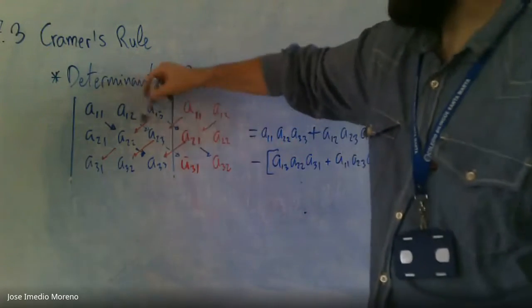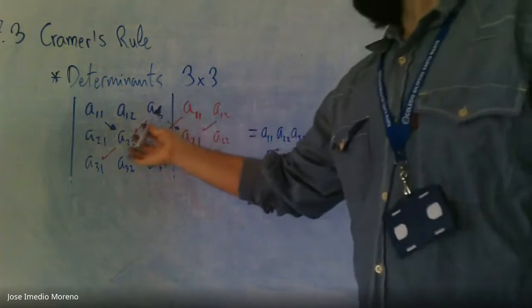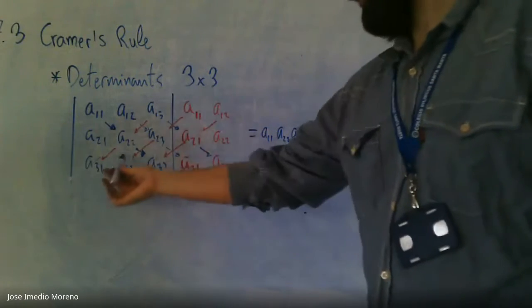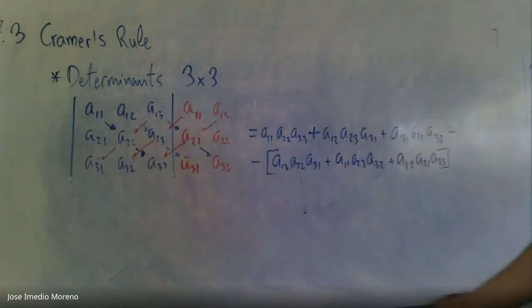First diagonal, second diagonal, third diagonal, first secondary diagonal, second secondary diagonal, third secondary diagonal. And here you have that.